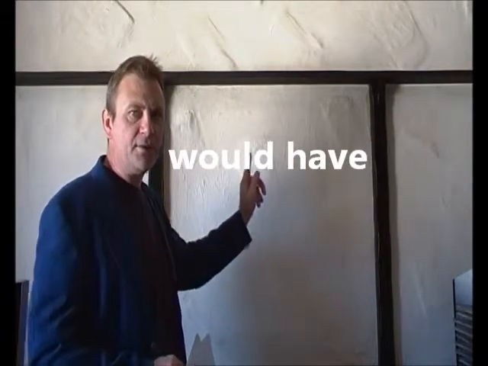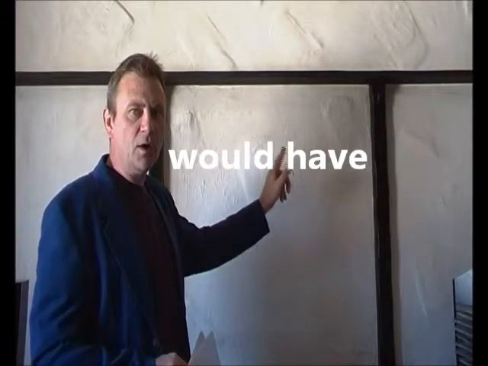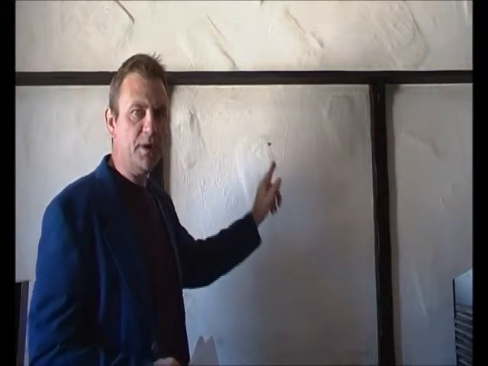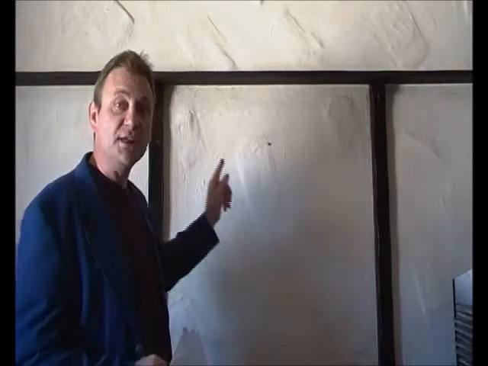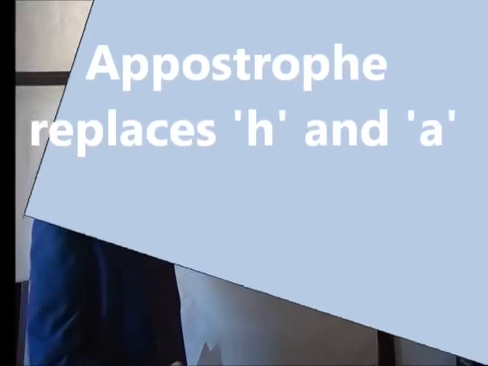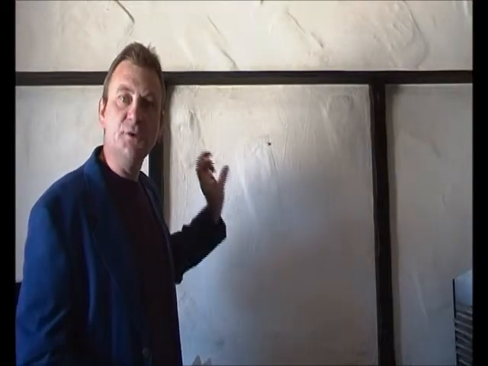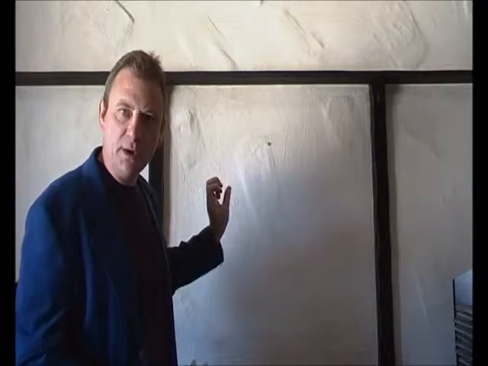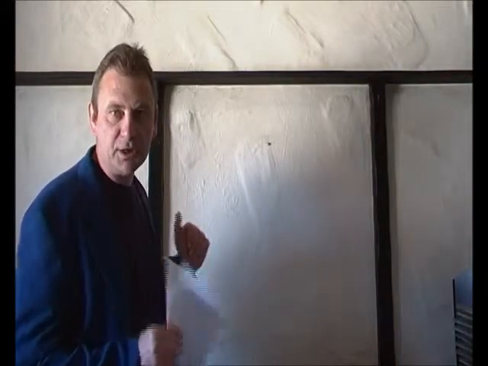Now, can you think of the letters we're going to miss out there to actually make a contraction? Would have. Would have. Because your apostrophe is replacing the letters we have removed from the two words to actually make it a contraction.